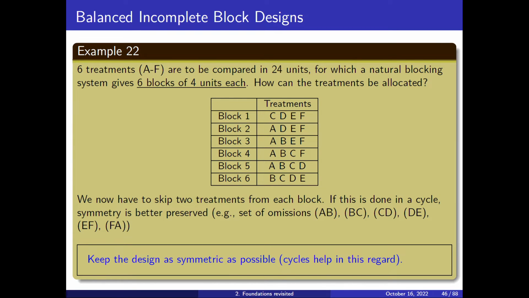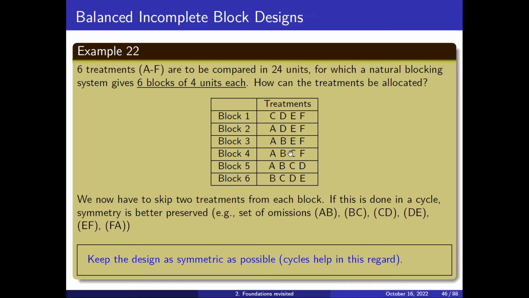And let's say that now we have 6 blocks and we can only apply 4 treatments in each one of the blocks. So now you remove 2. If you do some kind of cycling, again, keeping symmetry is good. So for instance, in the first one we remove AB, in the second one we remove BC, in the third one we remove CD.